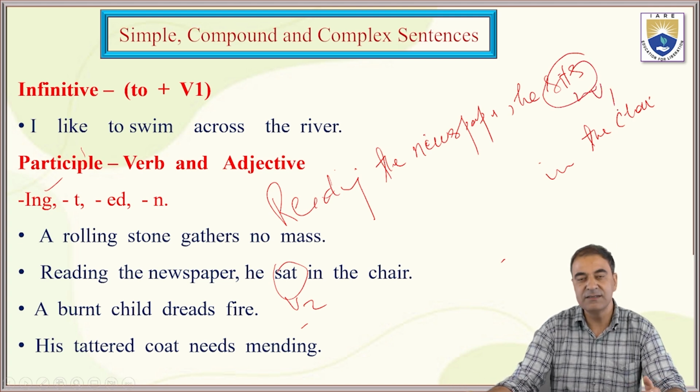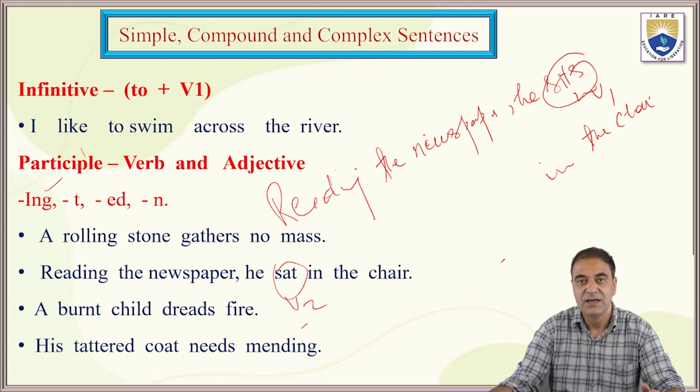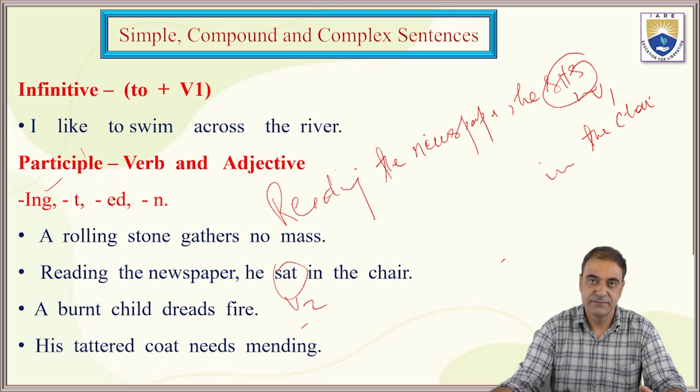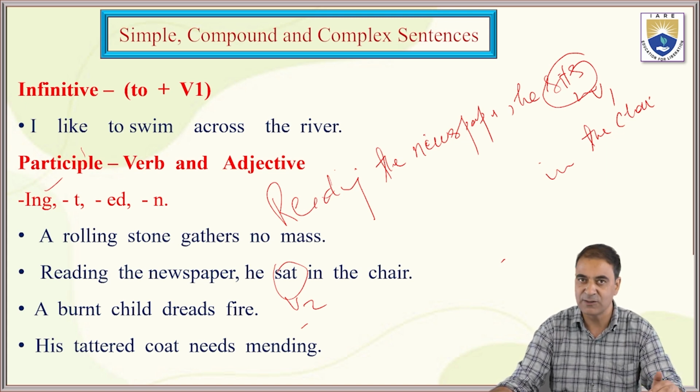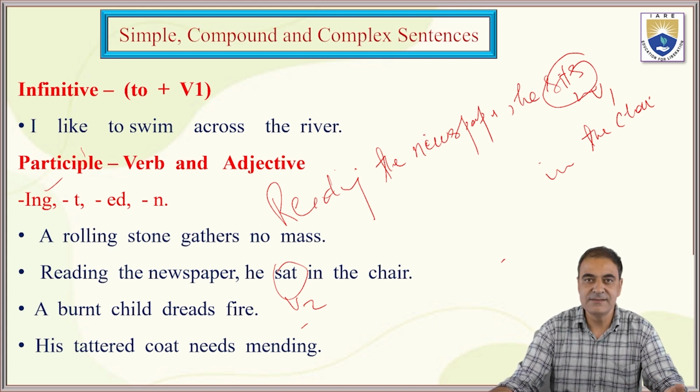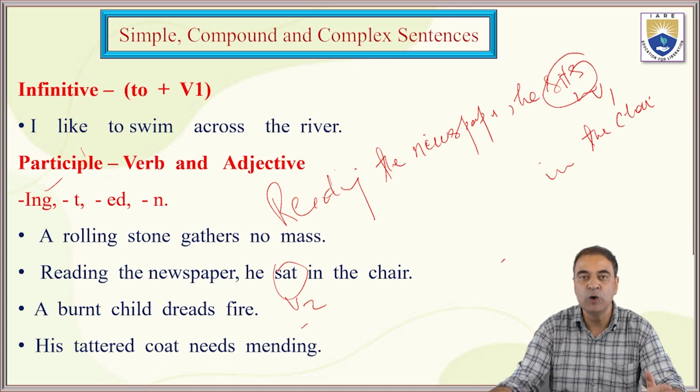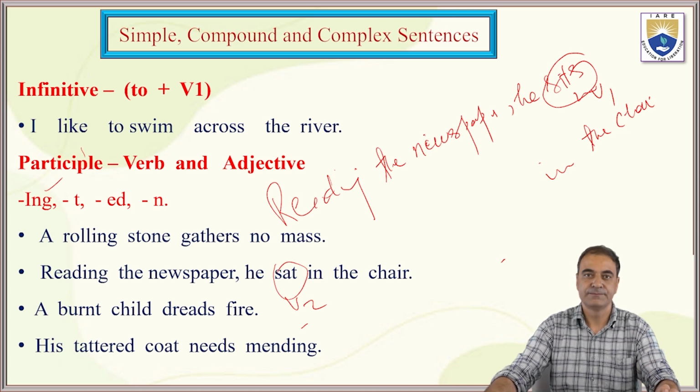In the first sentence it's past time, and in the second sentence it's present time. And the reading, it remained unchanged. When I change the tense of the sentence, it remained unchanged. Therefore, we can say it's a non-finite verb. It's a participle. And the sentence is therefore a simple sentence because it carries only one finite verb.